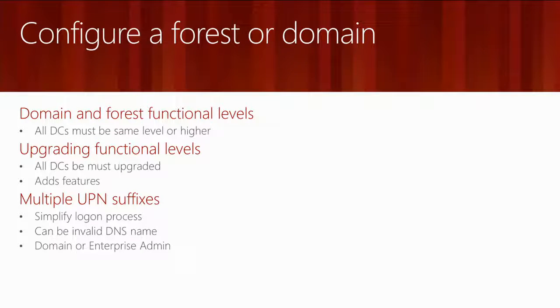So the Windows Server 2012 R2 domain functional level enhances only a couple things: protected users, authentication policies, and some authentication policy silos. It's kind of new, so you might see it. So what features does a 2012 R2 forest functional level provide? None.